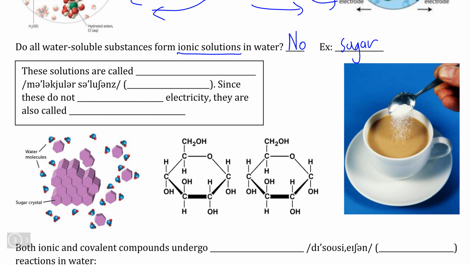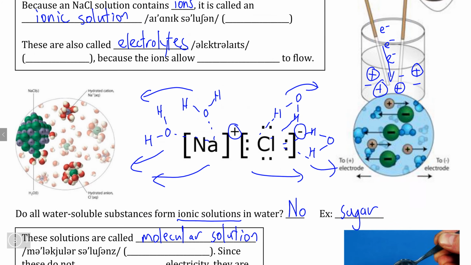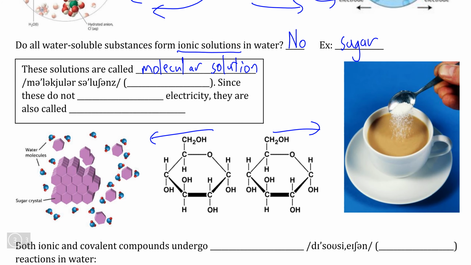When sugar dissolves in water, it forms a type of solution that we call a molecular solution, because even though water is able to pull two sugar molecules apart from each other, water is not strong enough to be able to break sugar into separate ions, as what we saw with NaCl.